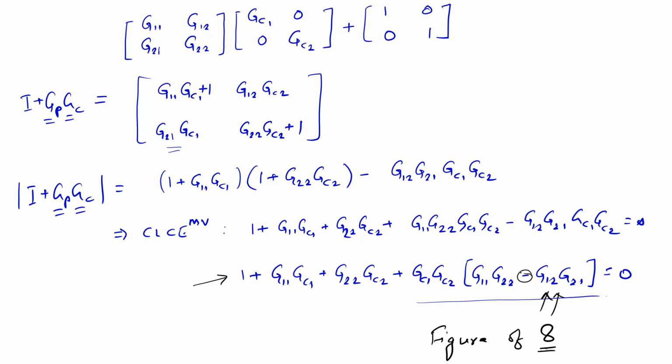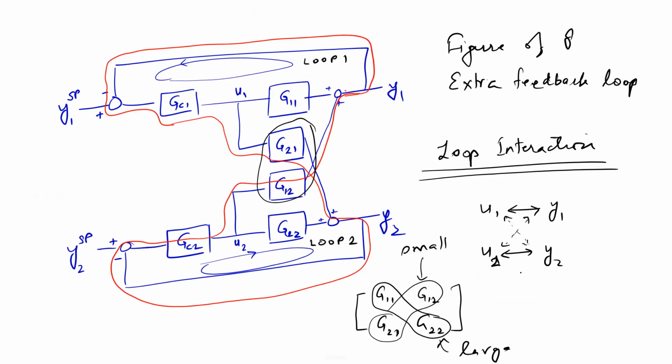So one of the rules for which pairing to use is to pair in a diagonally dominant manner. What do I mean?